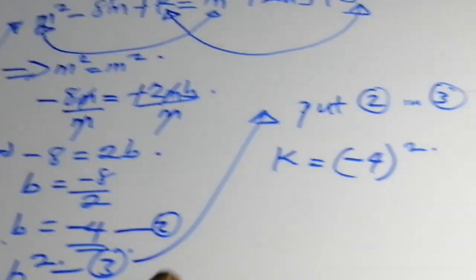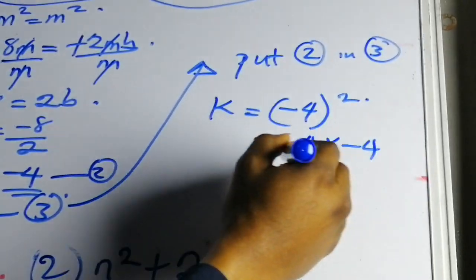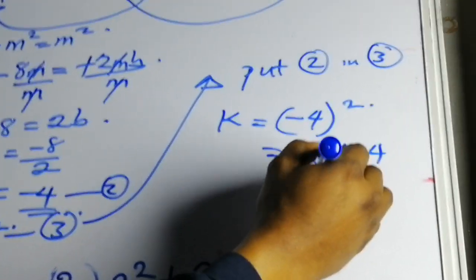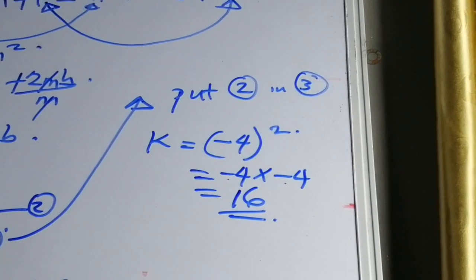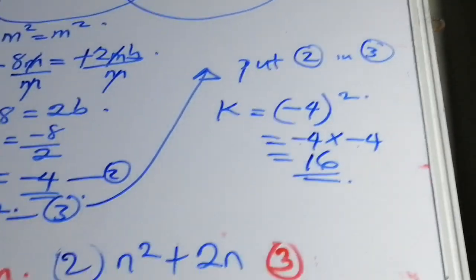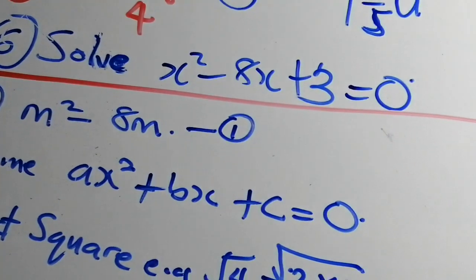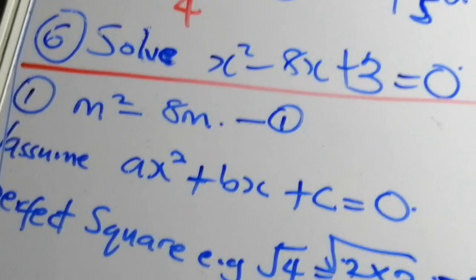So at the end of the day, that's minus 4 times minus 4. And that will give us what? Minus times minus is plus, 4 times 4, that's what? 16. So the value that will make this equation a perfect square is 16. That is the meaning.